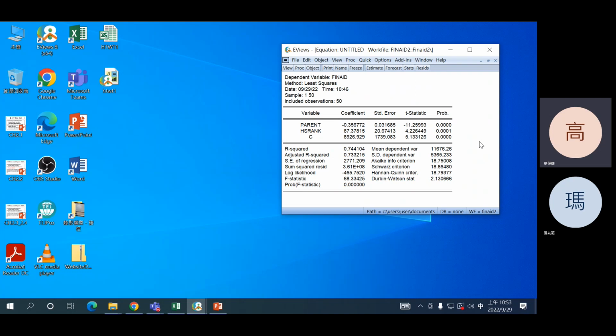I think so. GPA goes up 1, and then the financial aid also increases 87.378. The high school rank is from 0 to 100.